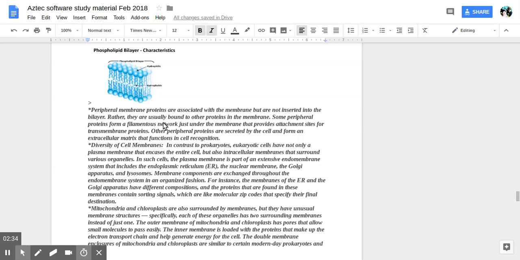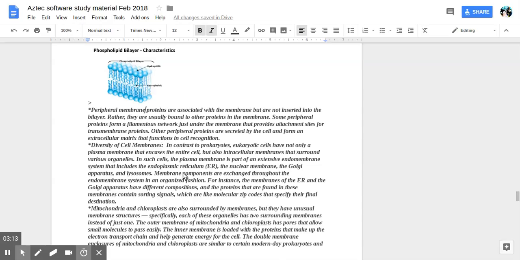Some peripheral proteins form a filamentous network just under the membrane that provides attachment sites for transmembrane proteins. Other peripheral proteins are secreted by the cell and form an extracellular matrix that functions in cell recognition.